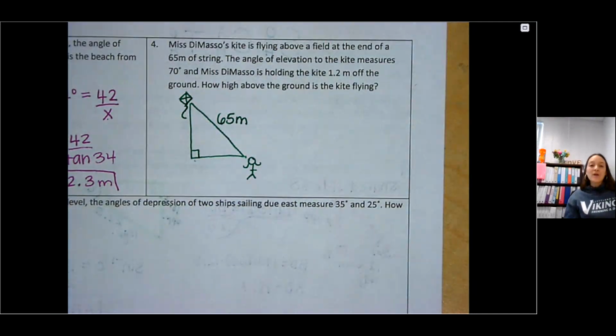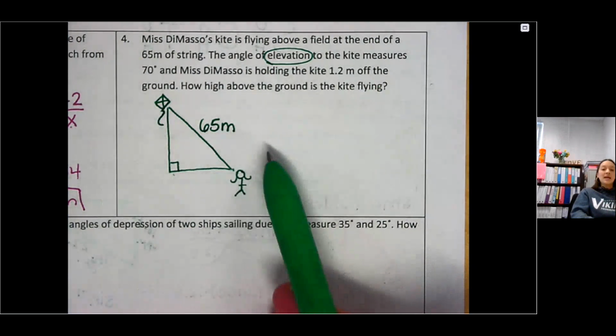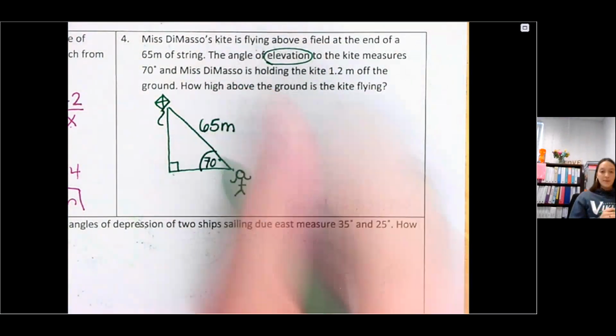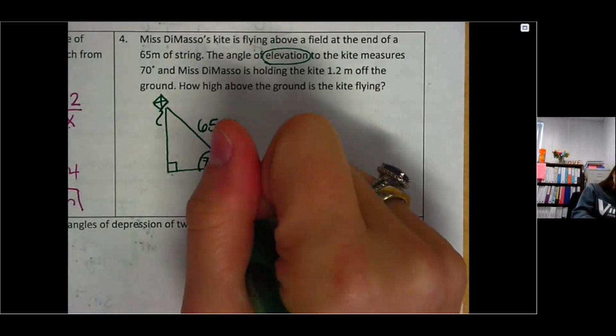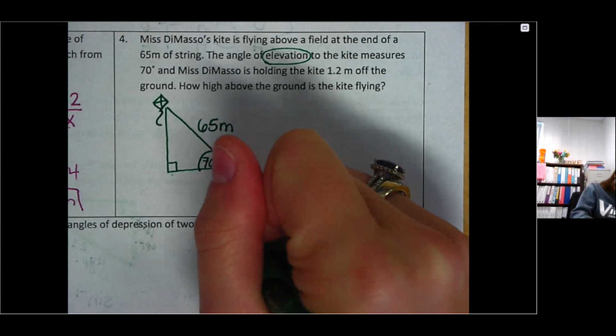It also says my angle of elevation to the kite is 70 degrees. Elevation means I'm at the bottom and I'm looking up at my kite, so the 70 degrees is down at the bottom here. It also says Mr. Masso is holding the kite 1.2 meters off the ground. So that means it's not on the floor. It's an additional 1.2 meters off the ground.